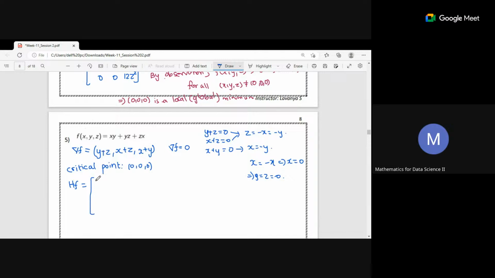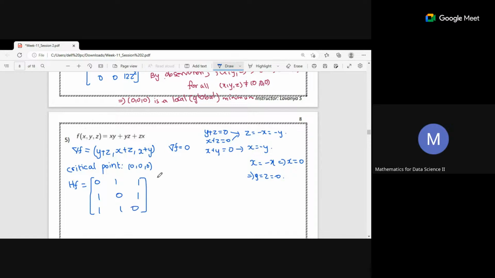So fxx is 0, fxy is 1, fxz is 1. Same way here 1, 0, 1, and 1, 1, 0. Right? This is your Hessian matrix.